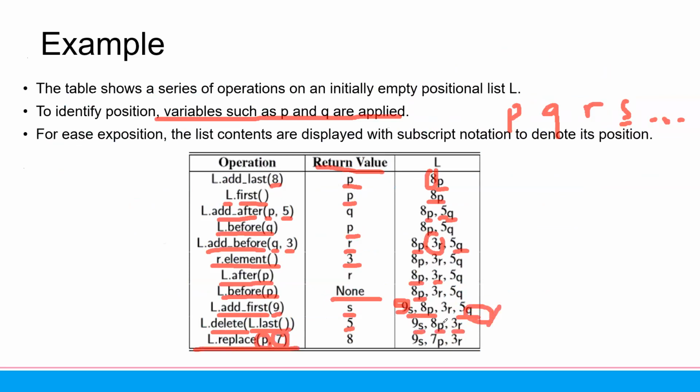So the element at P, now it is 8, but I want to replace it with 7. Now it becomes 7. But the return value is the previous element. Okay.